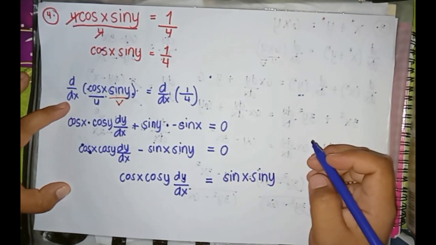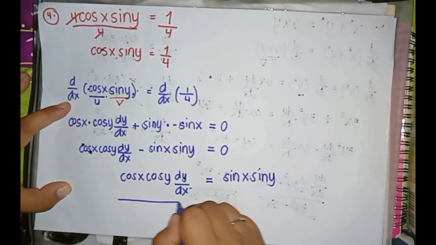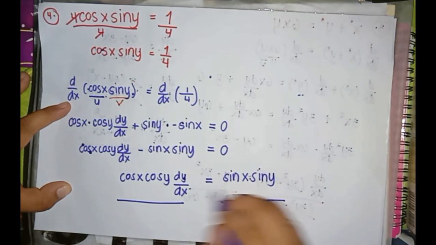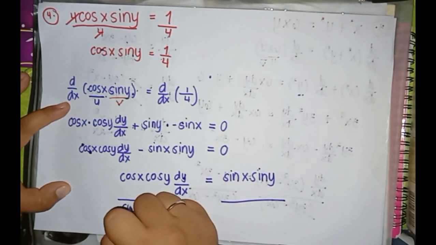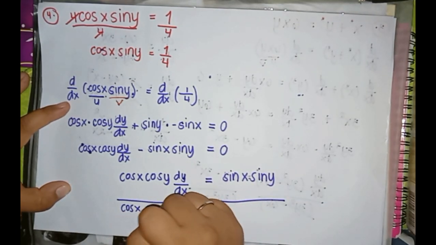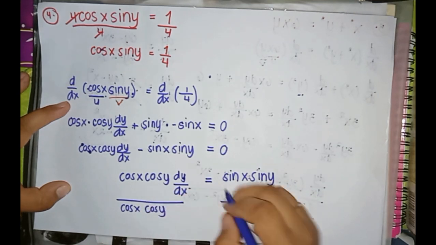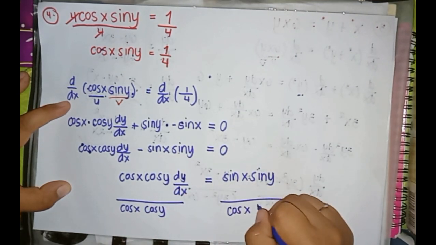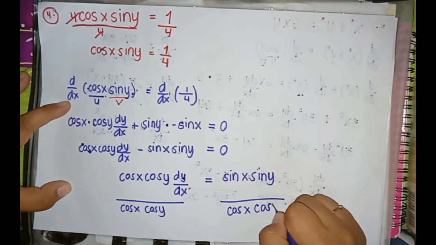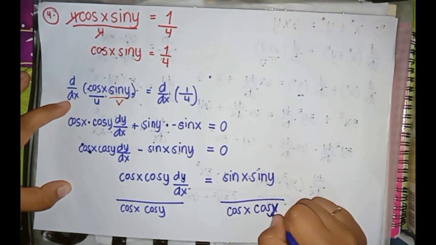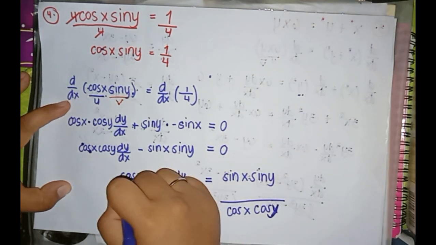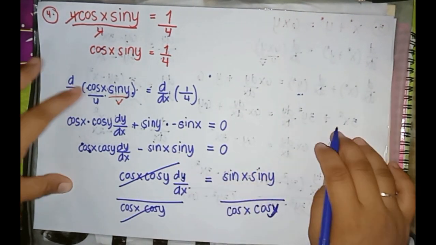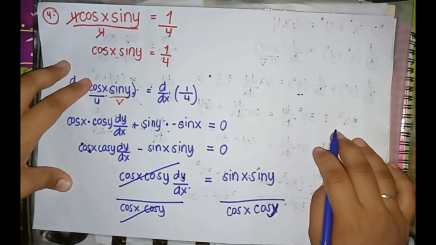In order to simplify, let us divide both sides by cosine of x, cosine of y, so that we will be left with dy over dx. And let us cancel cosine of x, cosine of y on the other side.